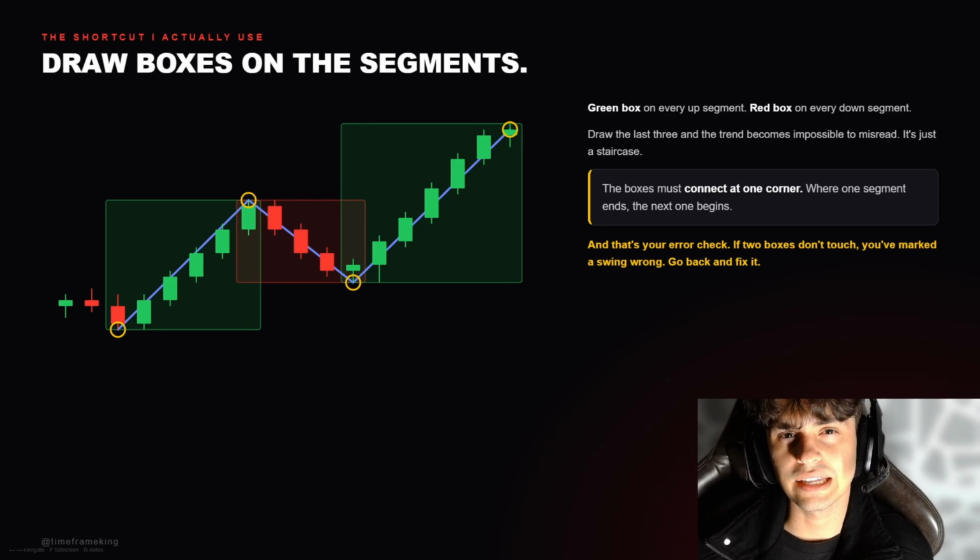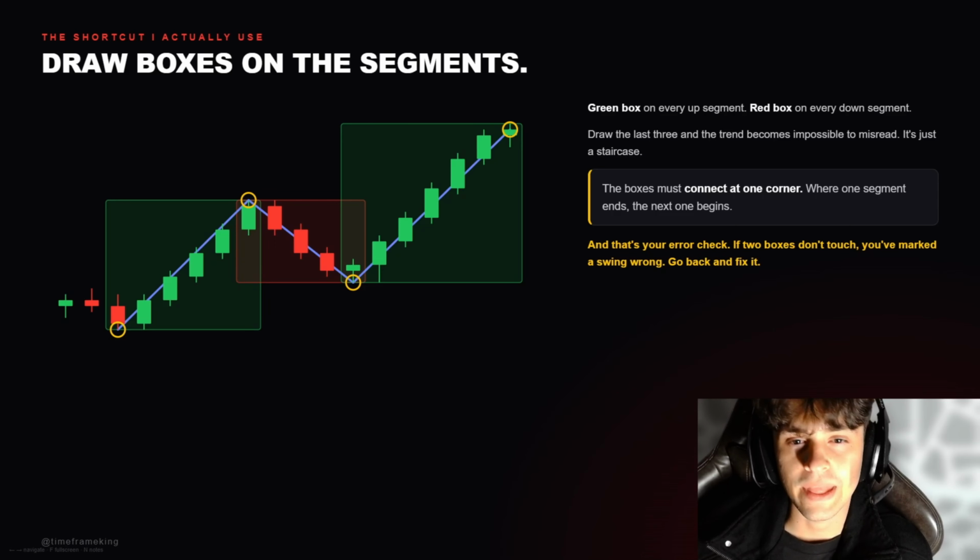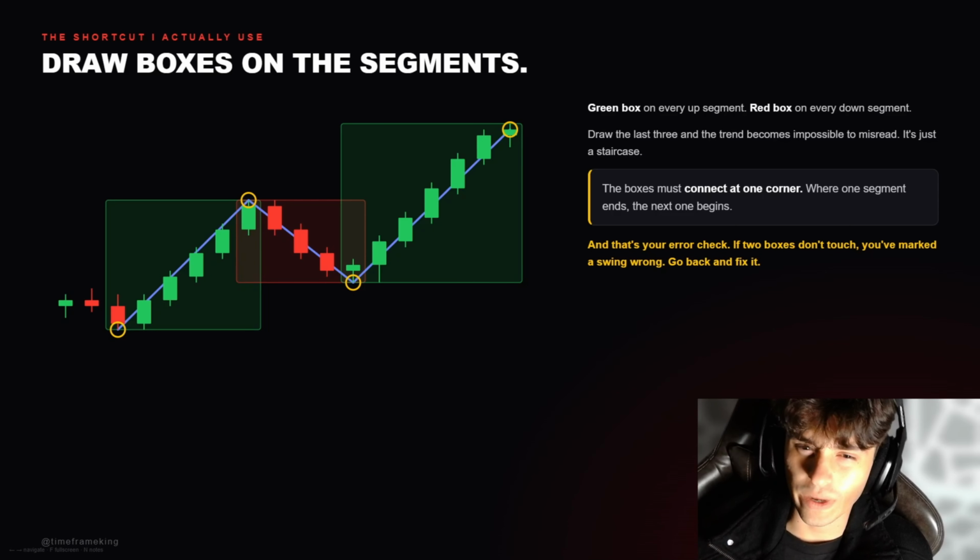And there's one rule: the boxes have to connect at one corner, where the segment ends and the next one starts. That can be an error check for you, because if two boxes are not touching, you marked the swing wrong. Go back and fix it, and don't carry on because it's not correct.